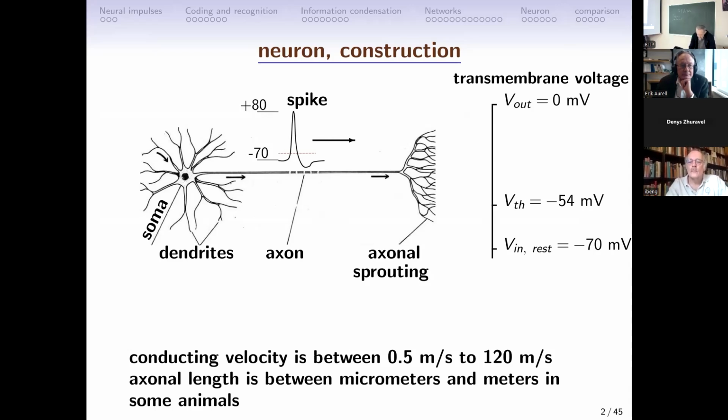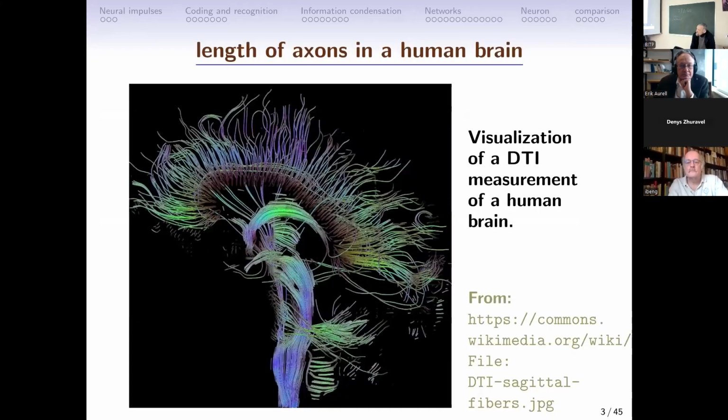And the axons can be considerably long. From this nice picture made by magnetic resonance imaging, we may get an impression of what the length of axons in a human brain might be.